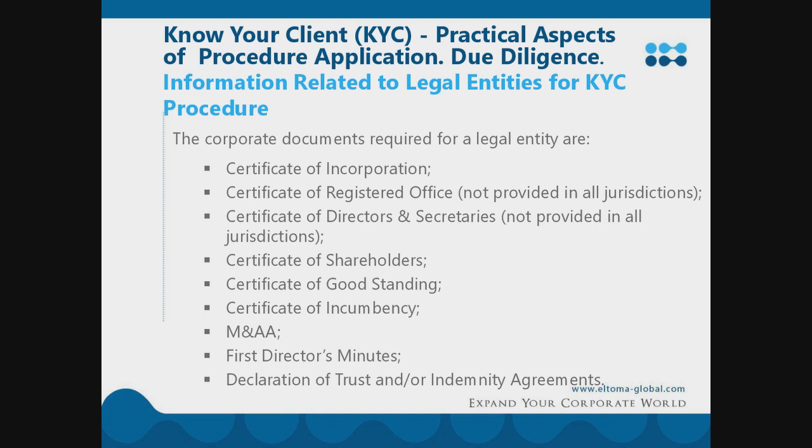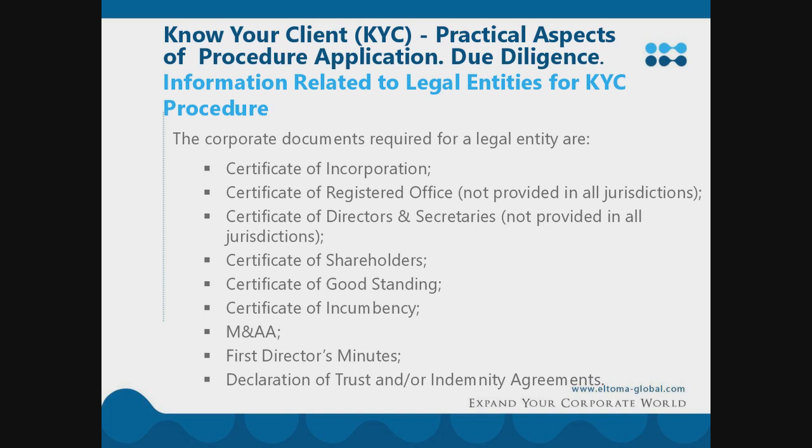Also the certificate of directors and secretaries, the same as with the registered office. Certificate of shareholders, certificate of good standing, certificate of incumbency, memorandum, first directors' minutes report, and declaration of trust or indemnity agreement if available. Again, all these certificates could be separate in some jurisdictions.